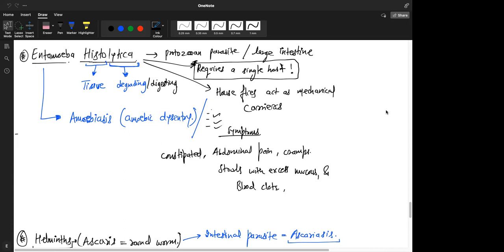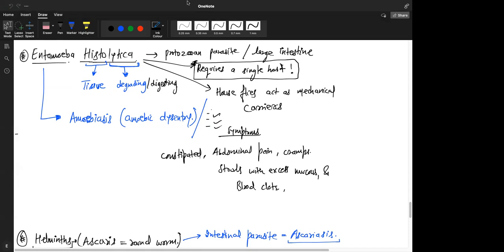The symptoms of this parasite are abdominal pain, cramps, stool with excess mucus and blood clots, and constipation at the early stages.